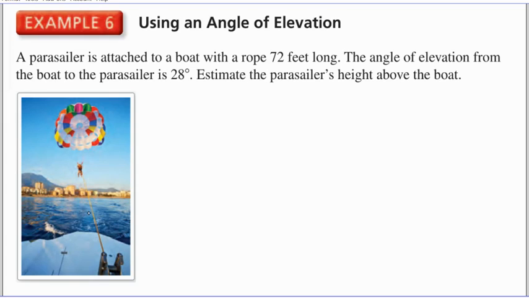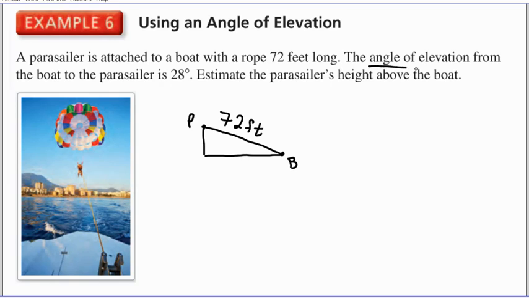Okay. If you were some person standing clear out here, you know, maybe in a boat on the water or on the beach or something, looking at this person, what you would see is this little person up in the air above the water, right? So here's your parasailer, here's your boat, and the rope that is attaching them is 72 feet long, right?